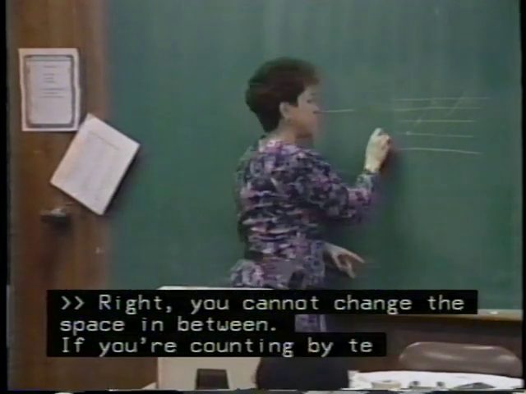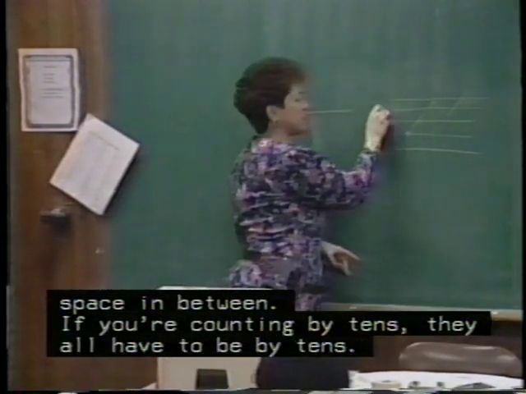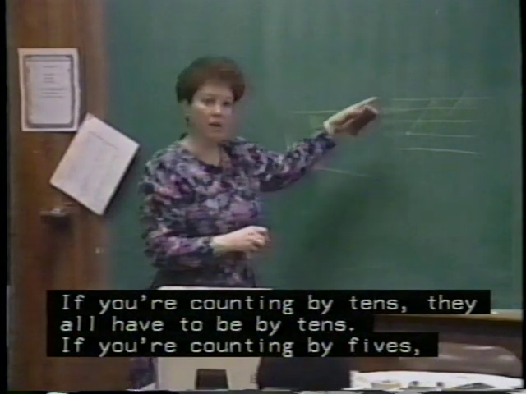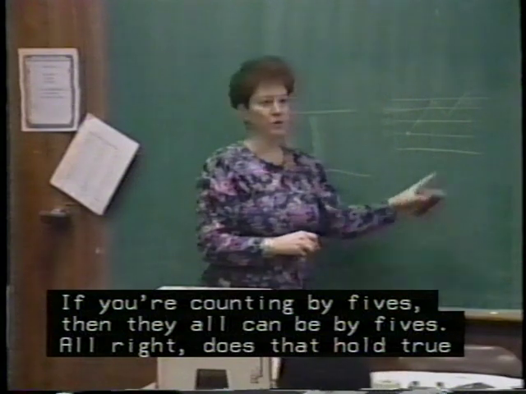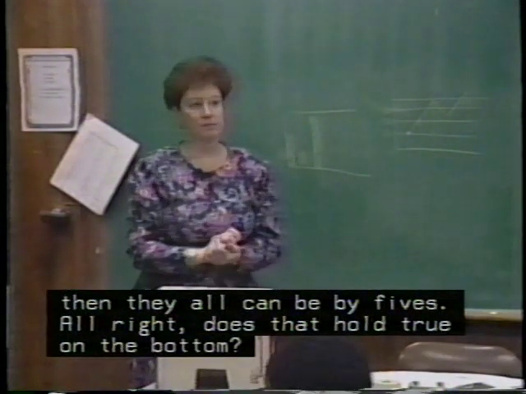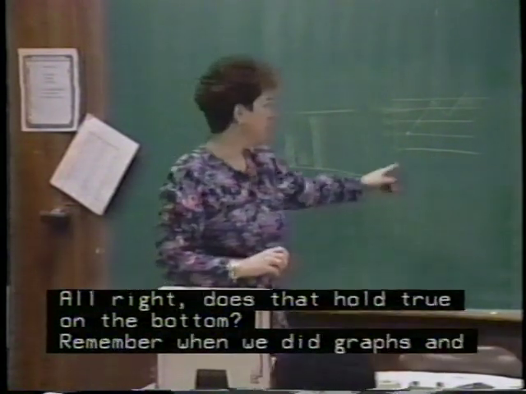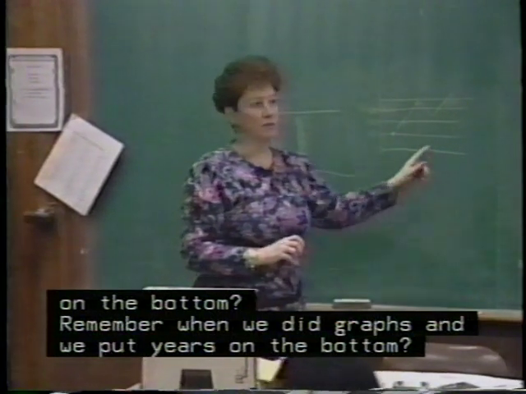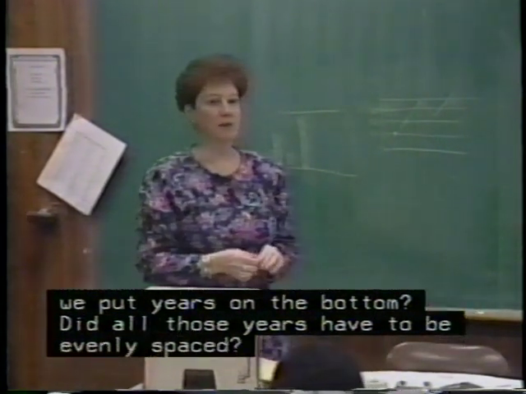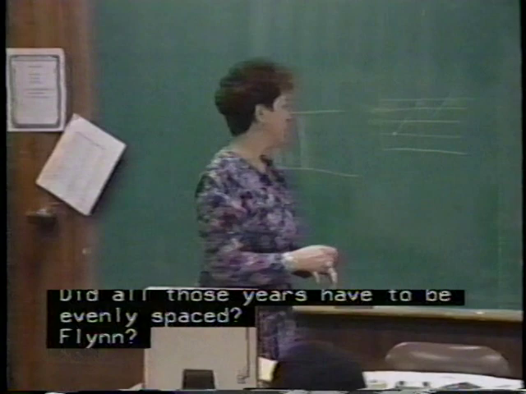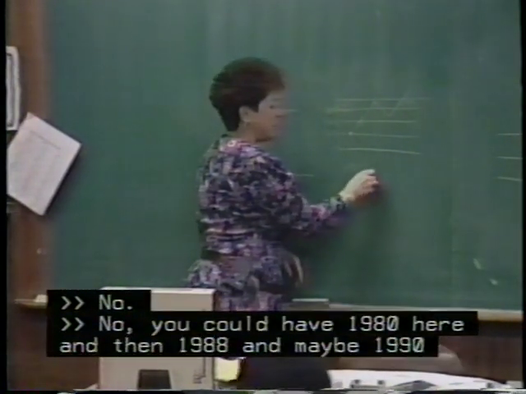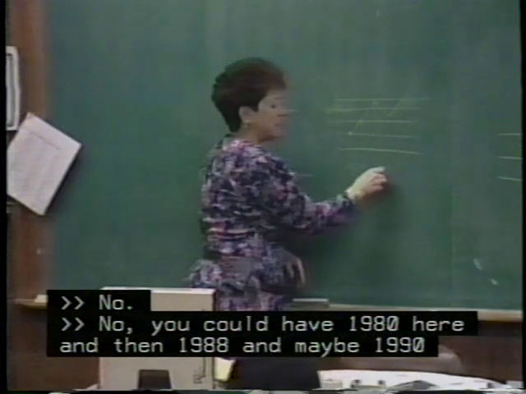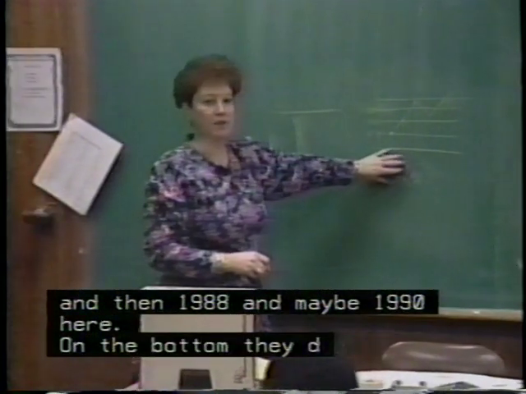If you're counting by fives, then they all can be by fives. Does that hold true on the bottom? Remember when we did graphs and we put years on the bottom? Did all those years have to be evenly spaced? No. Lynn? No. We could have 1980 here and then 1988, maybe 1990 here. On the bottom, they don't have to be evenly spaced.